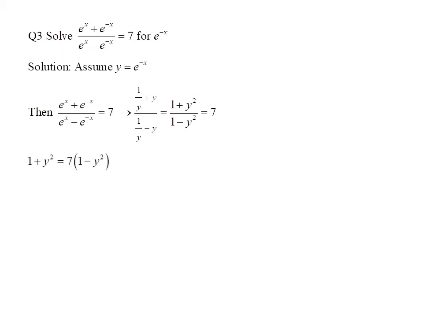And we can solve e to the power of negative x, which is equal to the square root of 3 over 2. In this case, there's no negative square root of 3 over 2, because e to the power of negative x is always greater than 0.